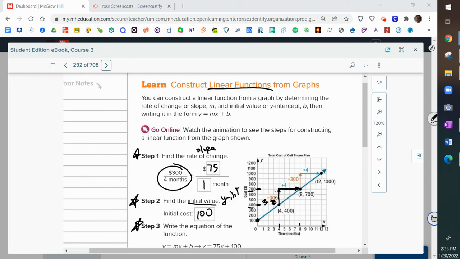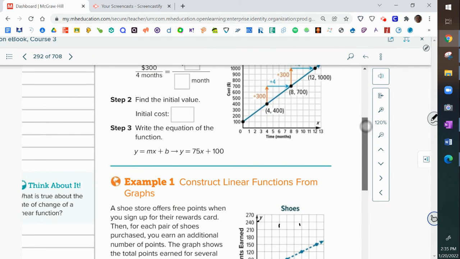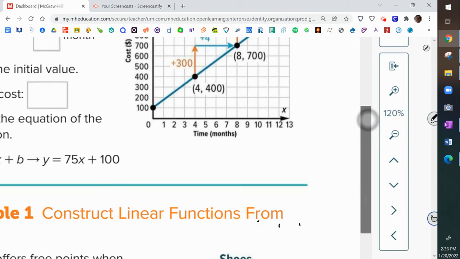So now we just take those 2 numbers, 75 and 100, and place them into our slope-intercept form, y = mx + b. So we plop those in there and there. So we get our function or our rule for this relationship. You guys are ready. You guys can do this.